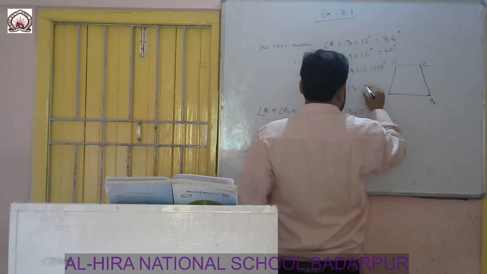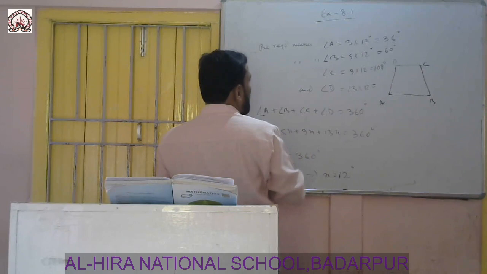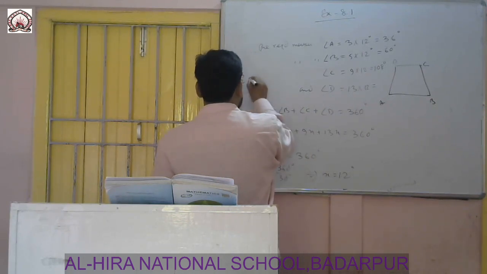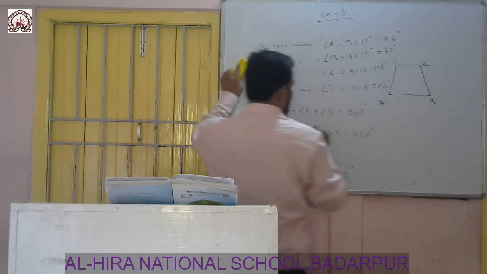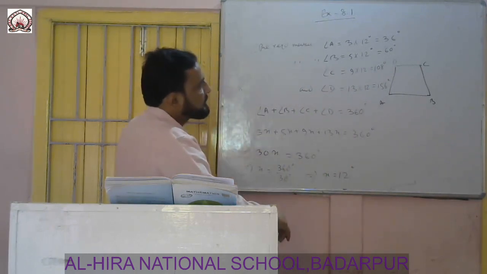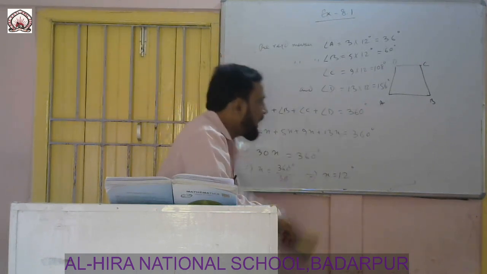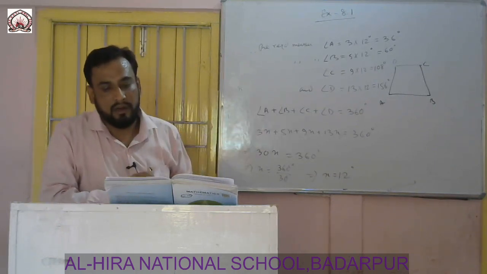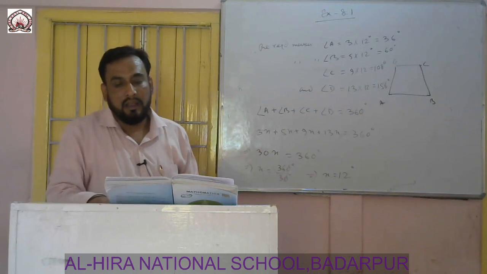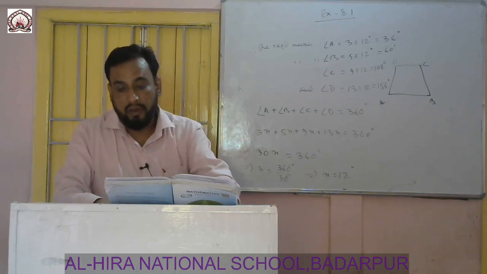And 13 into 12 is 156 degrees. So these are the measures of the four angles of the given quadrilateral whose ratios are 3:5:9:13.